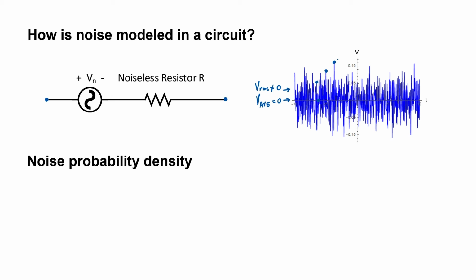Let's make a little plot of what the probability density is of our noise that we already have pictured here on the right. On the vertical axis, I'm plotting probability density, and on the horizontal axis, I'm plotting voltage. The most probable voltage is 0. Looking back at our plot, it's centered around 0. As the voltage gets higher and higher, or as the voltage gets lower and lower, it becomes less probable to find a signal at that voltage.